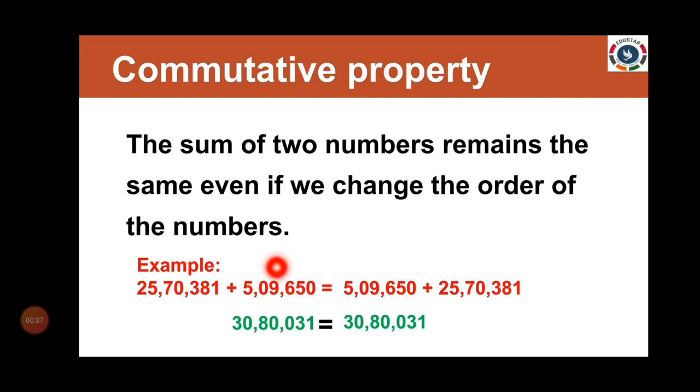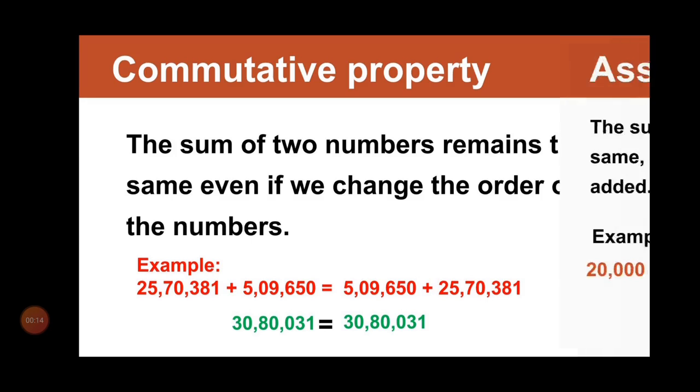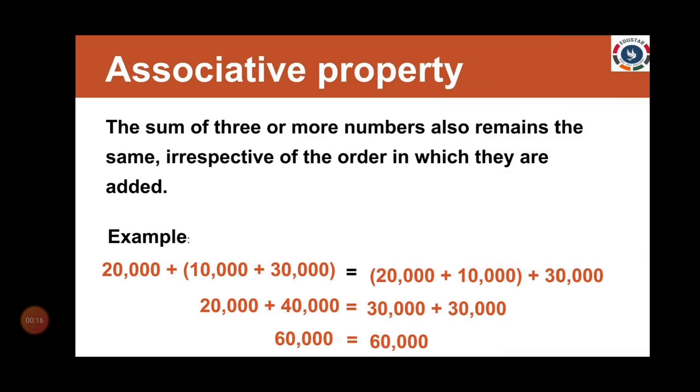So we change the order alone. Whenever we are adding the two values, we will get the same value. If we add two values on both sides, we will get the same value. 30,80,031 is equal to 30,80,031.